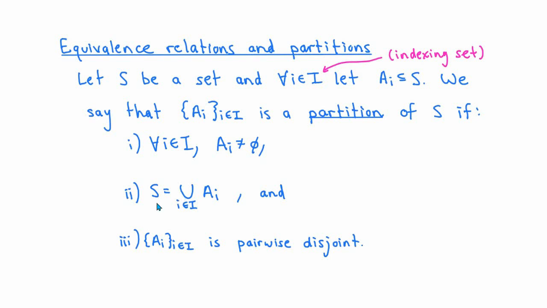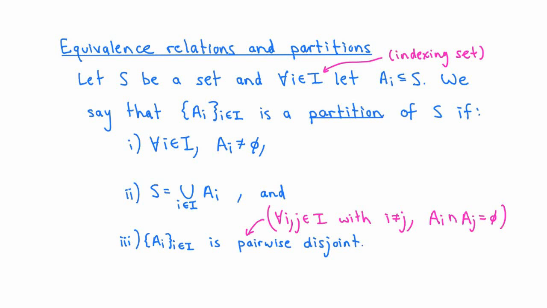Number two, S must be the union of all of these sets. And number three, the collection of sets A_i must be a pairwise disjoint collection. Remember from our video about sets that for a collection of sets to be pairwise disjoint means that anytime you have two different indices i and j, the sets A_i and A_j are disjoint.